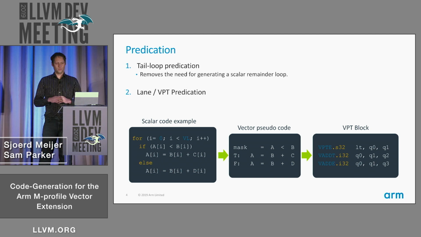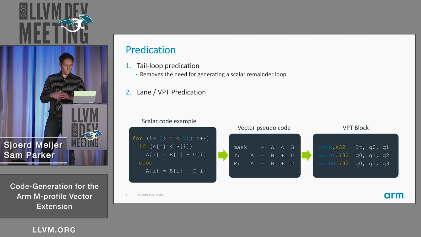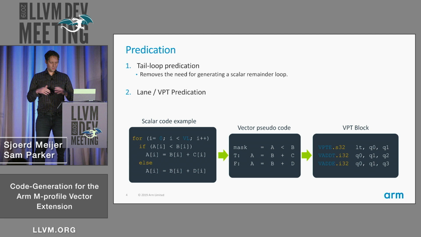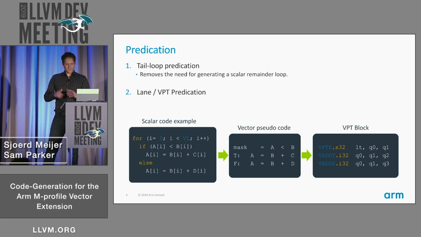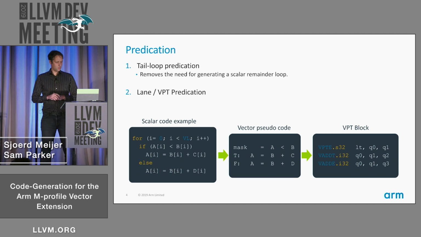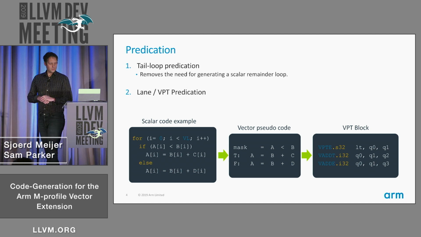That mask is then consumed by the next statement. So for all the true elements, we now do B plus C. And also that mask is consumed by the next statement. For all the false values, we compute B plus D. This literally translates to ARM MVE code on the right.